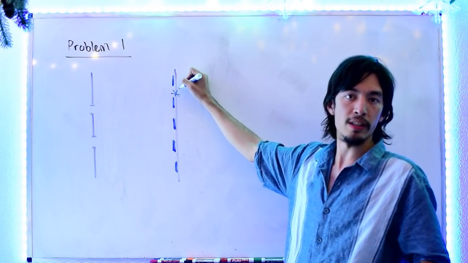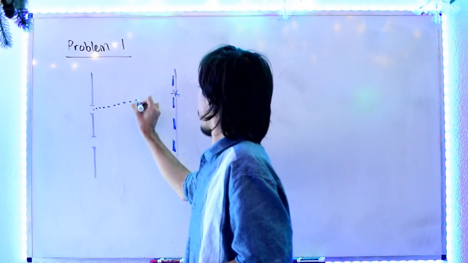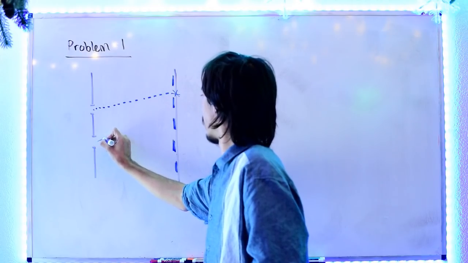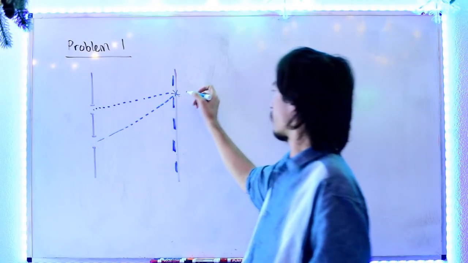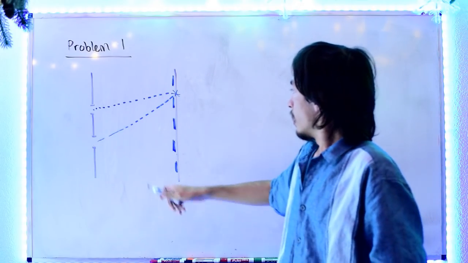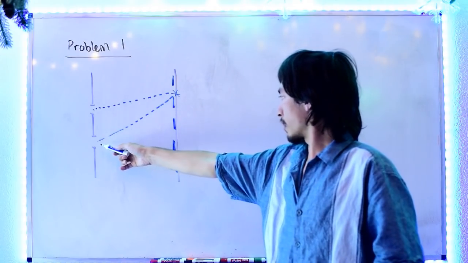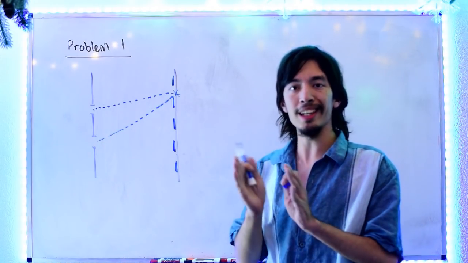I don't know where it is exactly, but I do know that there are two different paths that have to be taken to reach that same spot along the wall, whatever spot that is. There's going to be some distance for the path on the top, and some distance for the path on the bottom, which are slightly different from each other.